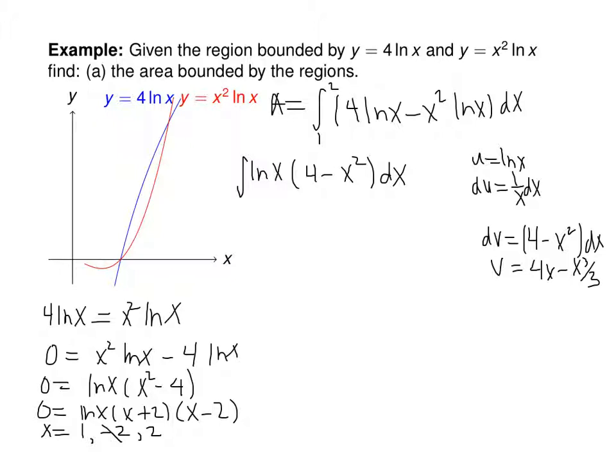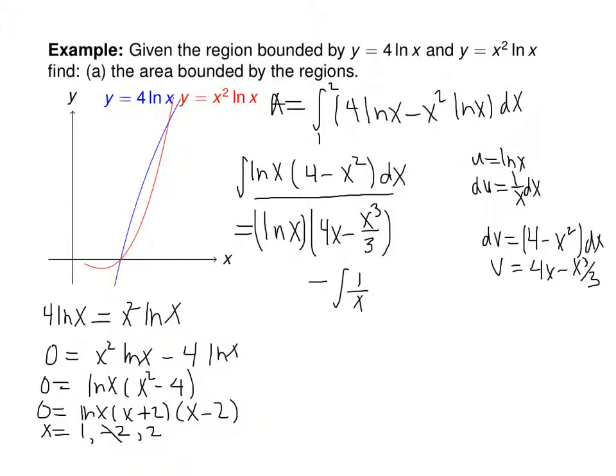So an antiderivative of ln x multiplied by the quantity 4 minus x squared will be ln of x times 4x minus x cubed over 3 minus an integral of v du, so 1 over x times 4x minus x cubed over 3 dx.